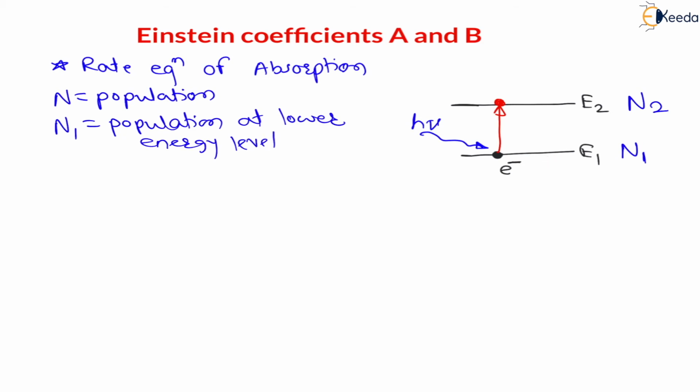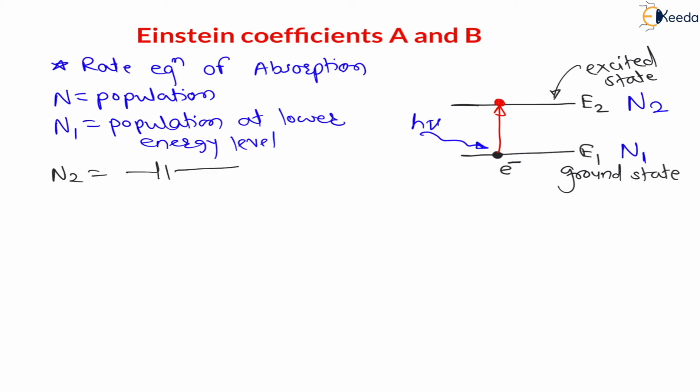The lower energy level is also called ground state or lower state, and the higher energy level is also called the excited state. So n2 is the population at the higher energy level or excited state.